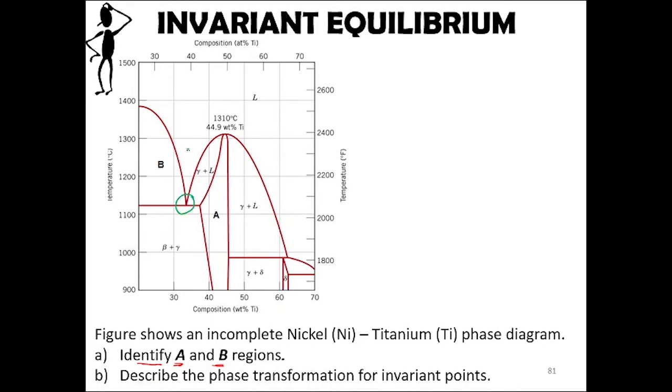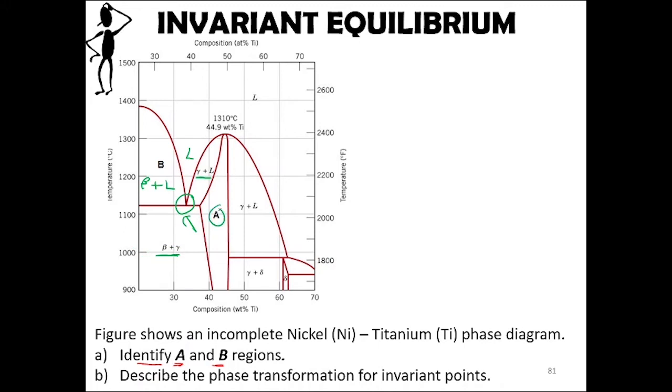So in this region we have liquid, in this region we have gamma plus liquid, and in this region we have beta plus gamma. So at region B we will have beta plus liquid. So this point will be the eutectic point.